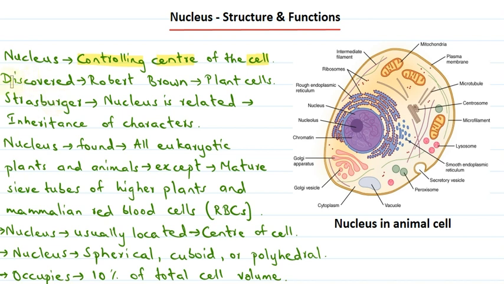The nucleus was discovered by the scientist Robert Brown in plant cells in the year 1833. However, the scientist Strasburger found that the nucleus is related to the inheritance of characters. The nucleus is found in all eukaryotic plant and animal cells except in mature sieve tubes of higher plants and mammalian red blood cells.